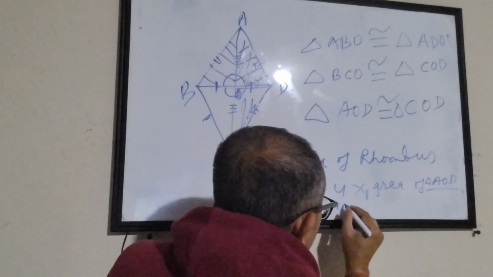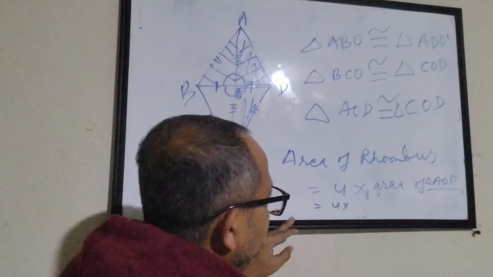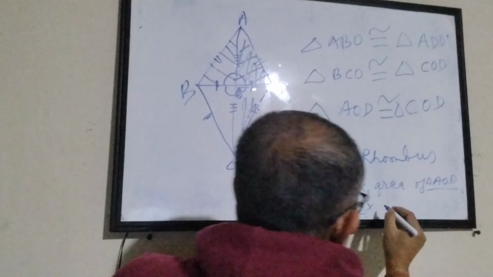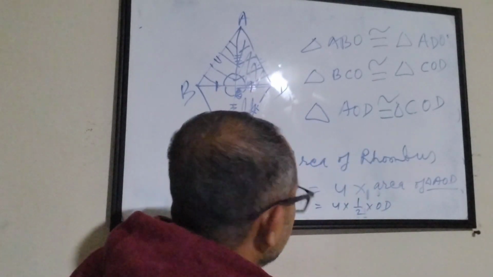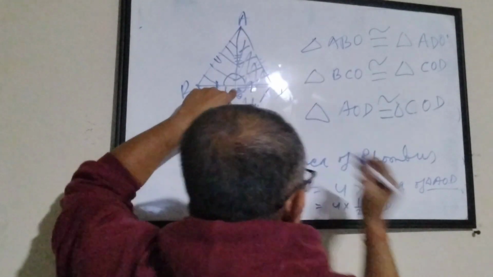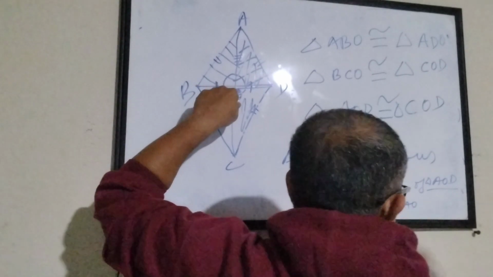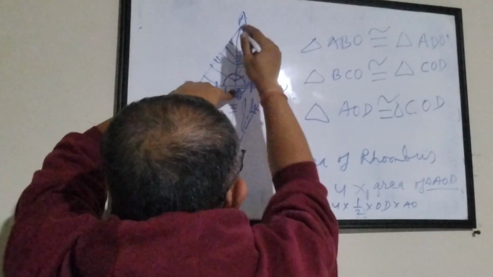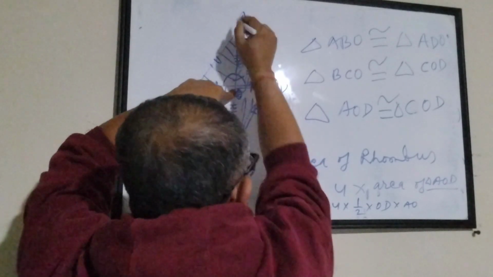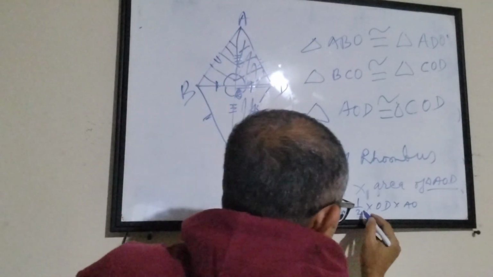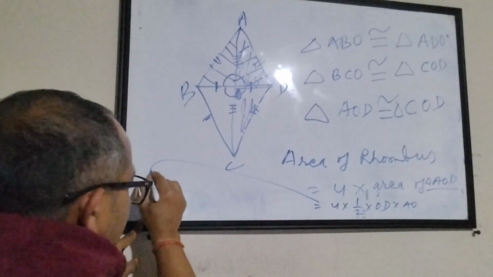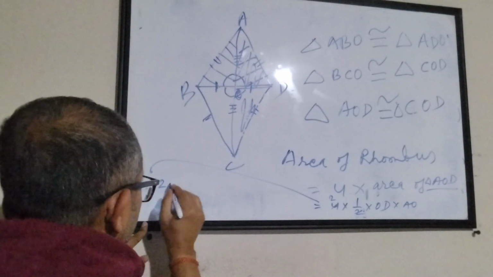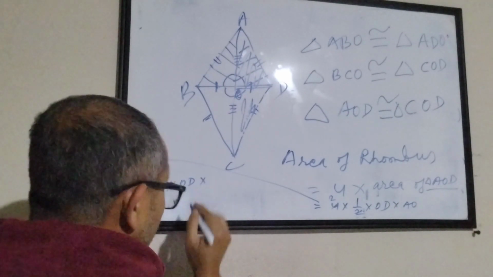So 4 times area of AOD is 4 times half times base, base is OD, and height is AO. Half times base times height, OD into AO. Now if I bring this here, 2 2s are 4, so it becomes 2 times OD into AO.